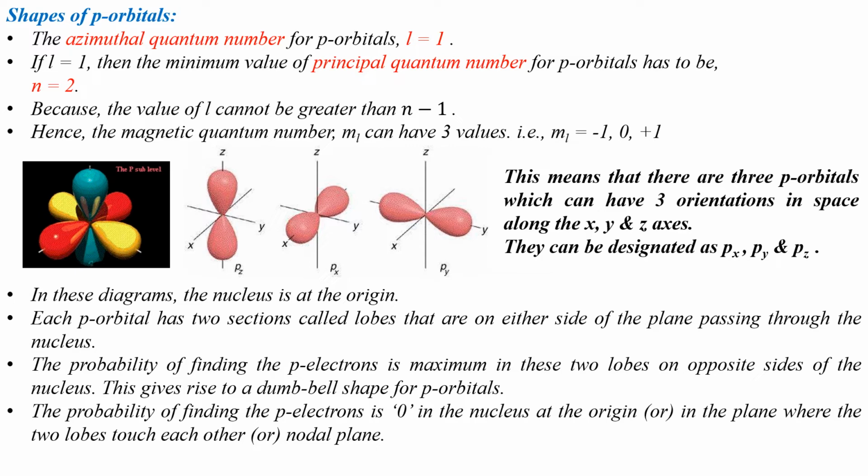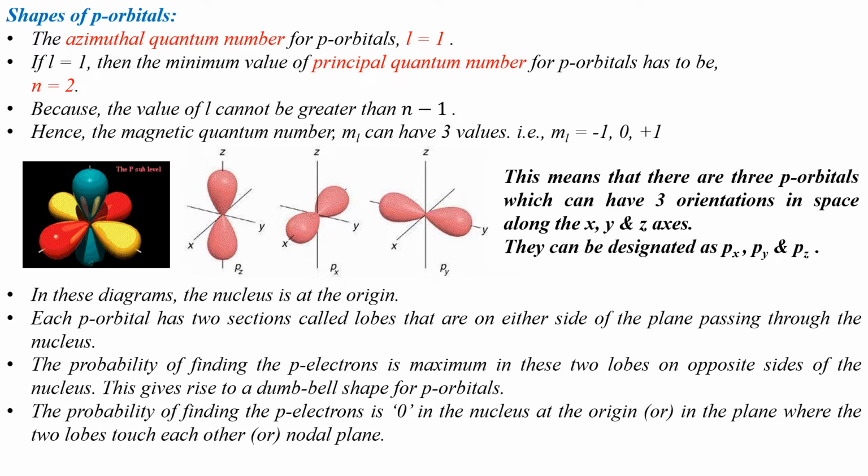Hence, the magnetic quantum number ml can have 3 values. Now, how did you come to know that ml can have 3 values? This you have learned from our previous classes. The number of values of ml can be calculated from the formula 2l plus 1, where you substitute the value of l. Since this is a p orbital, the value of l corresponding to it is 1.